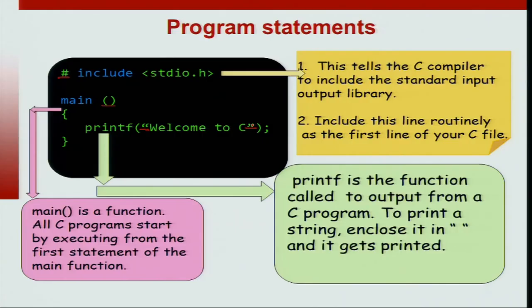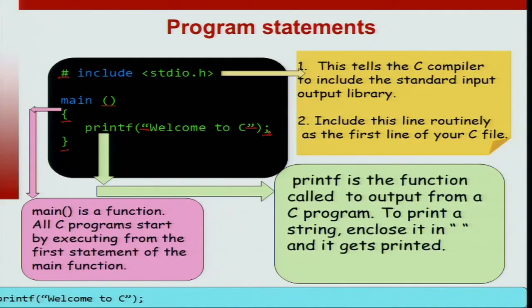Whatever is enclosed in the double quotes will be printed. To repeat again, please note the extra punctuation symbols which tell you that these are valid C statements. All the underlined symbols are important. The line printf("welcome to C") is what is known as a statement in C, and statements in C end in a semicolon. This semicolon is also important because it tells you where the statement ends.